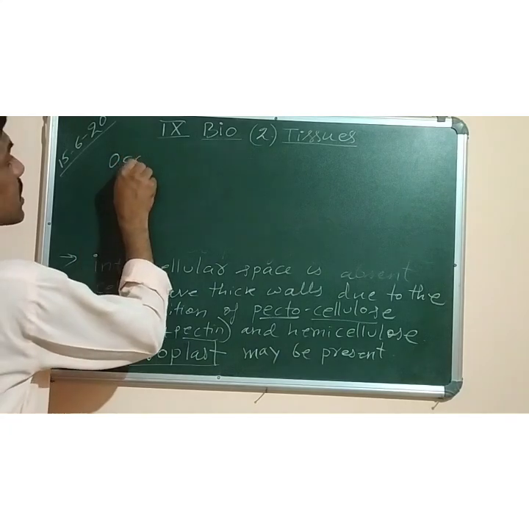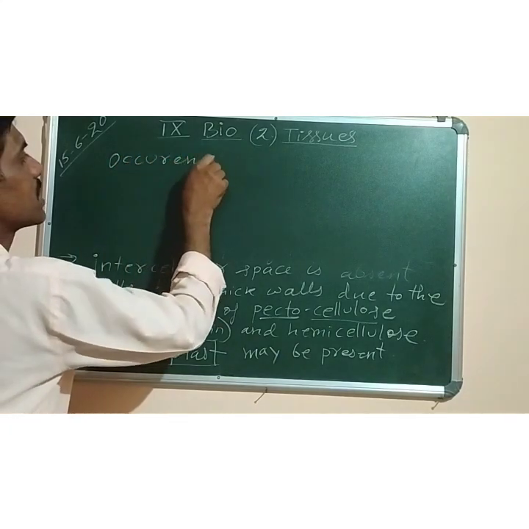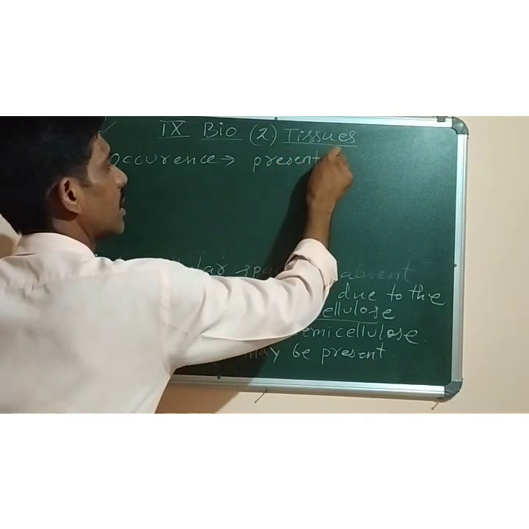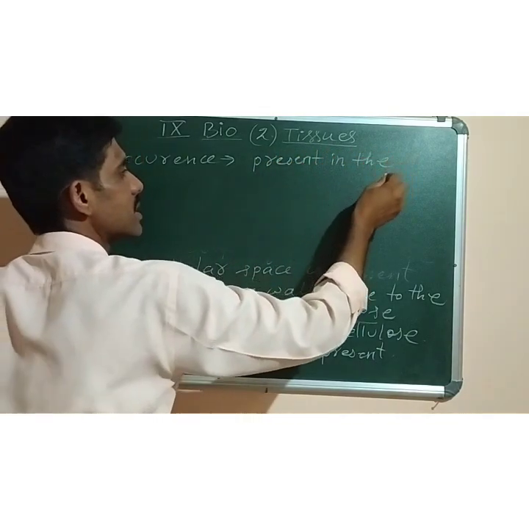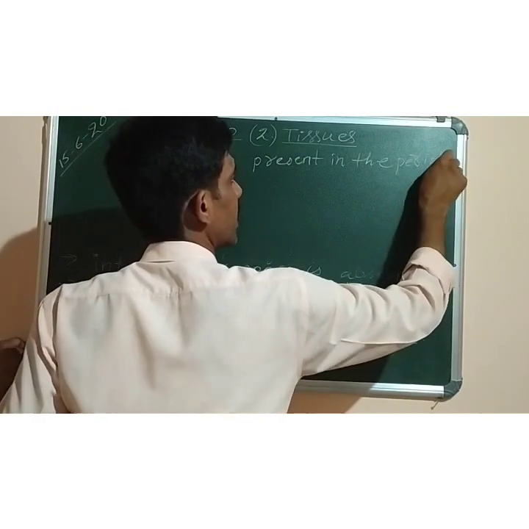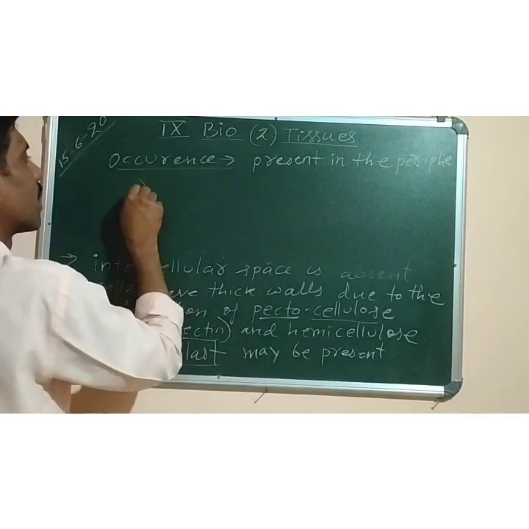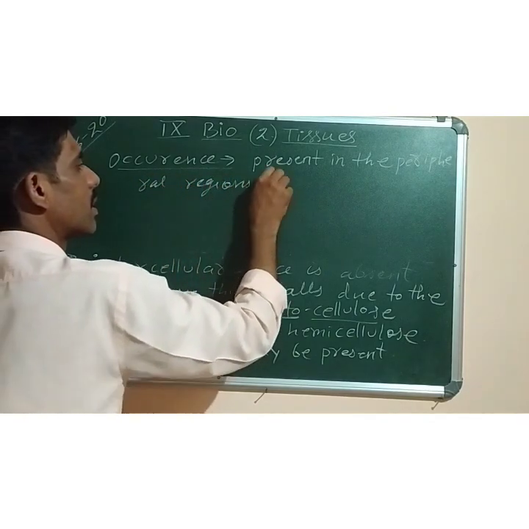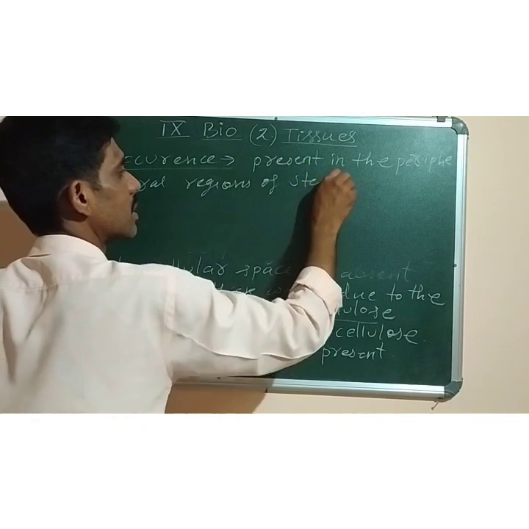So next heading which I have to give is occurrence, means where it is found. It is present in the peripheral regions of stems and leaves.